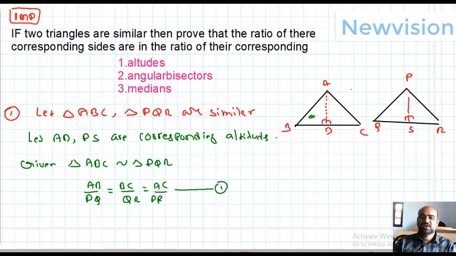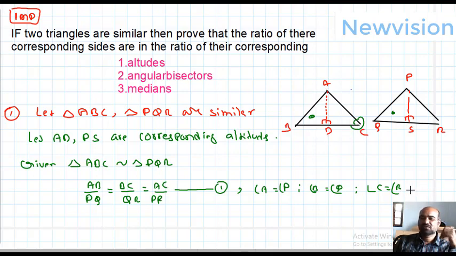Now compare these two triangles. So I can write angle A equal to angle P, angle B equal to angle Q and angle C equal to angle R. Students, take care: actually writing angle C is not precise, because angle C could mean other angles too; we want BCA or ACB.